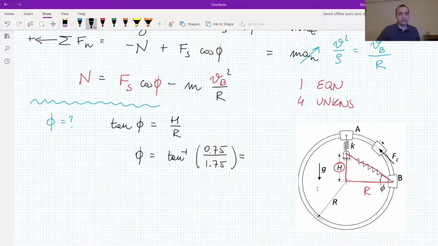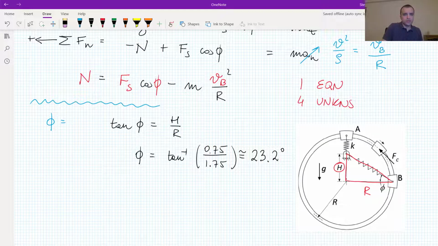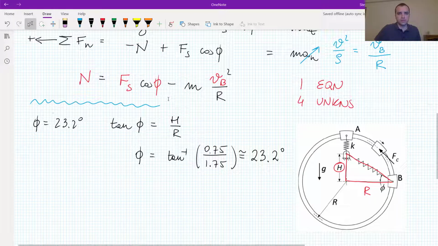And if you grab your calculators, you will obtain that our phi is approximately 23.2 degrees. Okay, so we have our phi. I will just mark it with black instead of with red.